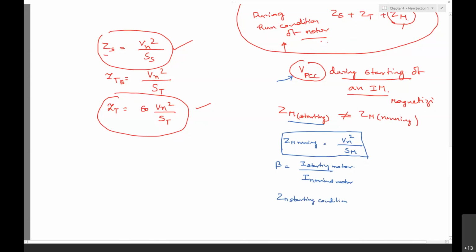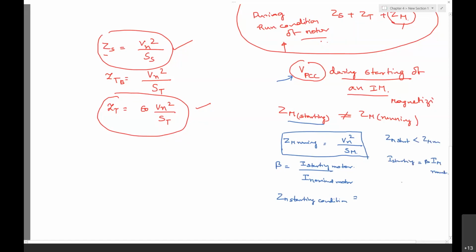We know that Zm during starting is very much lower than the motor impedance at running condition.